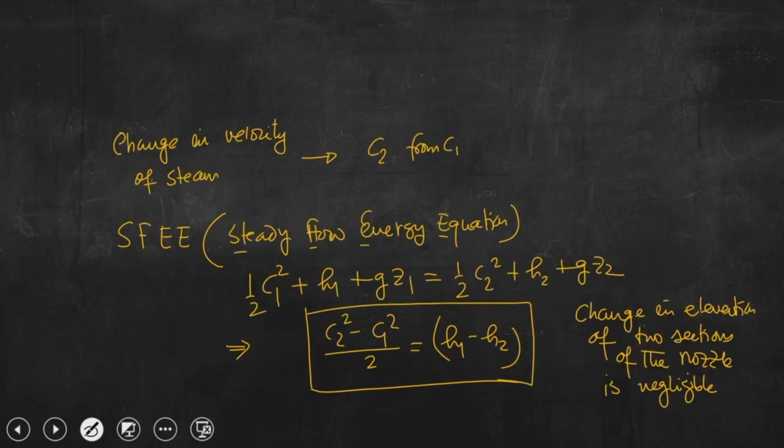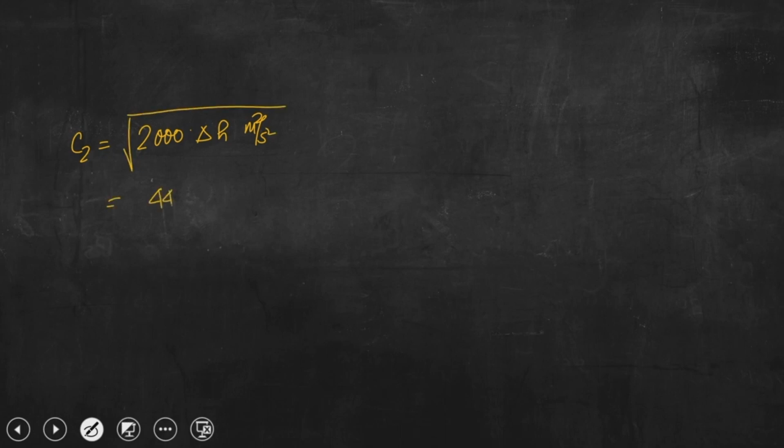So, C2 equal to under root of 2000 into delta H meter square per second square. That is nothing but 44.72 under root delta H meter per second.